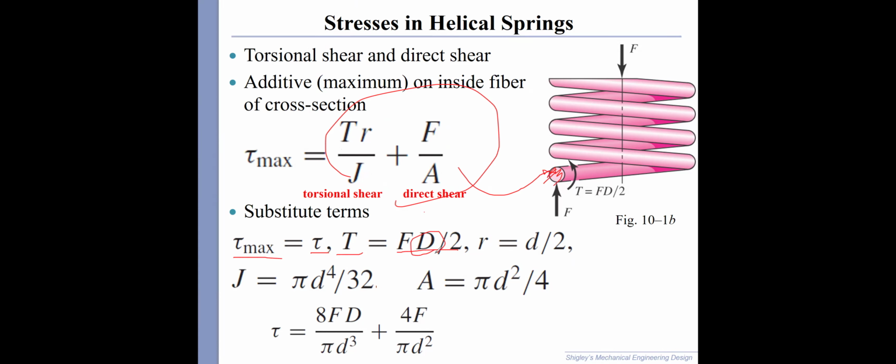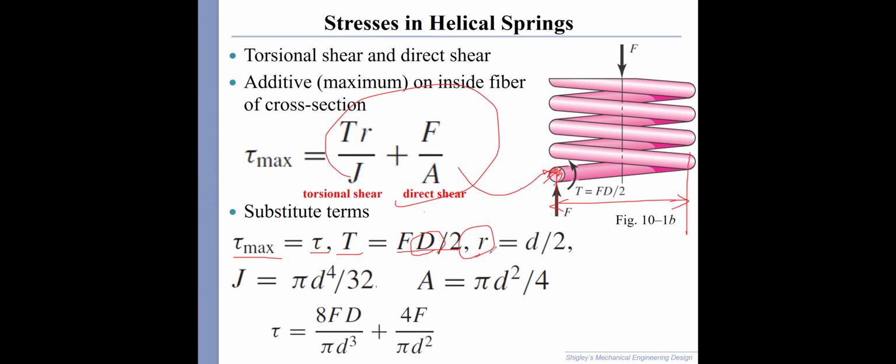The capital D is the mean diameter of this spring, and the radius equals the lowercase d divided by 2, where lowercase d represents the wire diameter. The polar moment of inertia equals pi d to the power of 4 divided by 32, and the cross-section area equals pi d squared over 4.